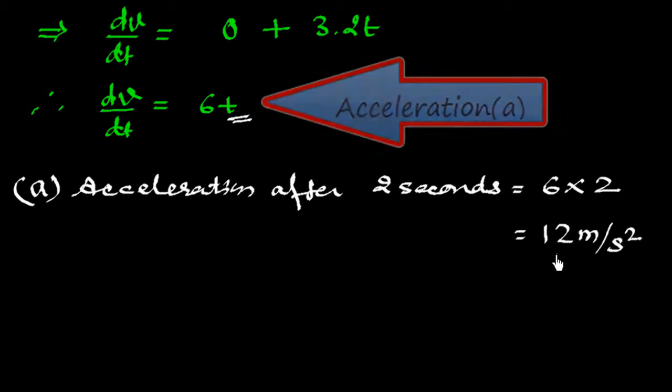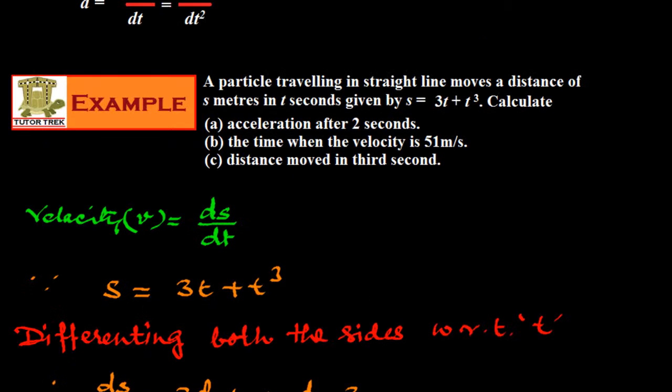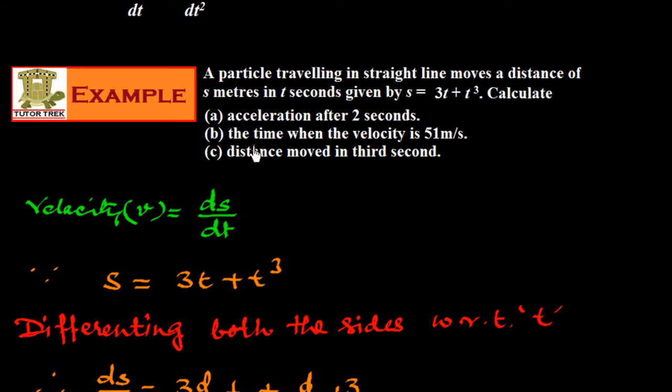So this is the acceleration after 2 seconds, 12 meter per second square. The second part, we see what we have to find out: the time when the velocity is 51 meter per second.